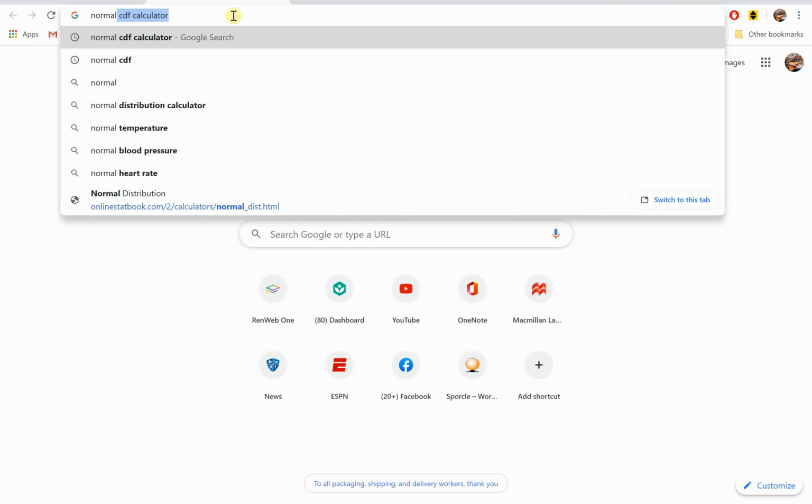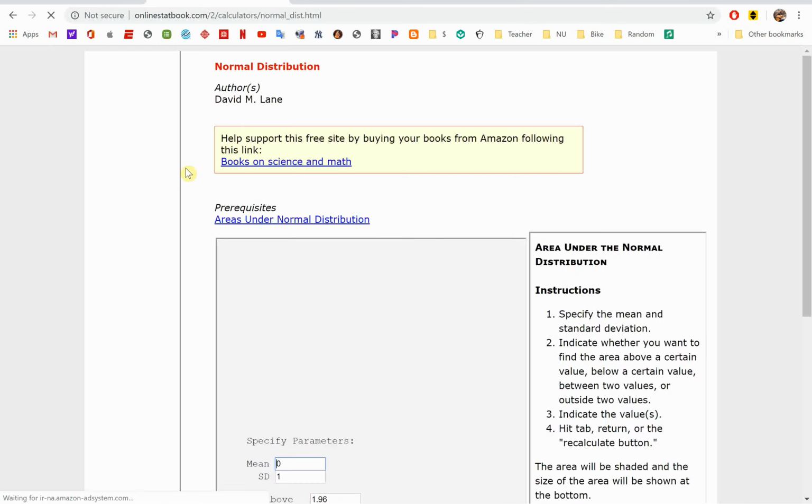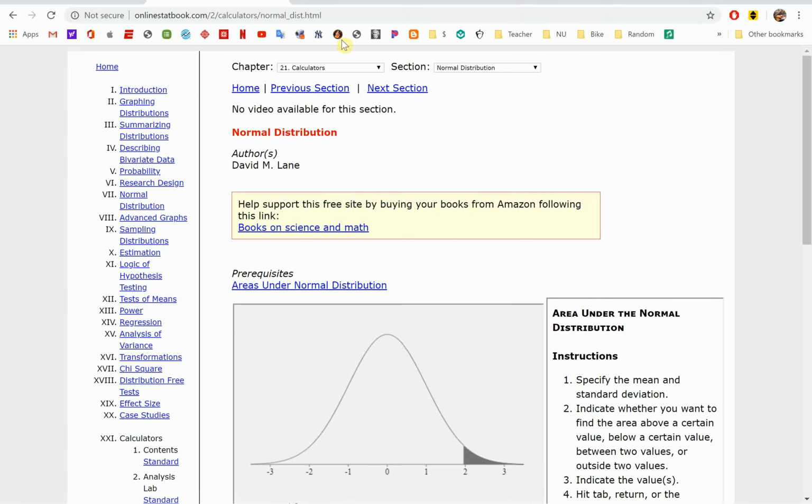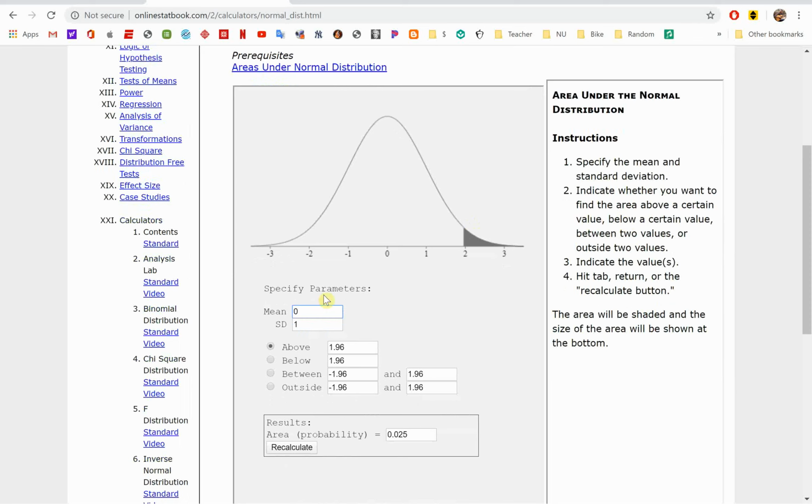You could Google normal CDF calculator, and there's going to be a bunch of great ones popping up. The online stat book is a great resource for all the different types of calculators you might need in statistics. So Google the particular calculator that you need. We need the normal CDF. And again, it's asking us for the same basic things. It's a little bit different in how it specifies things, but we want the mean, we know is 160.